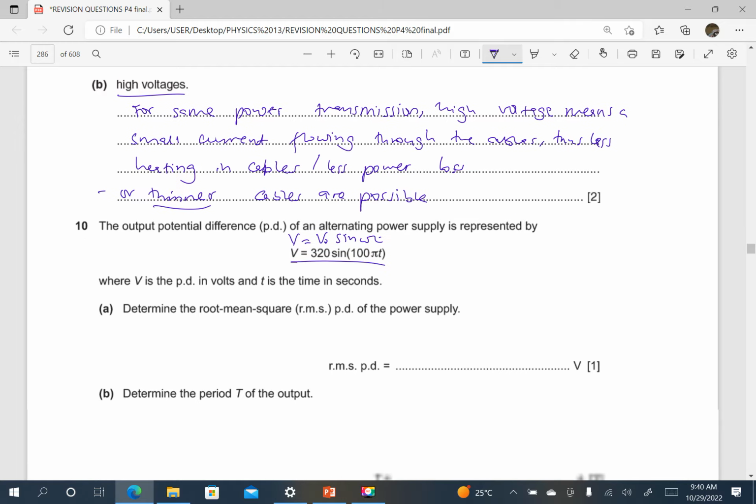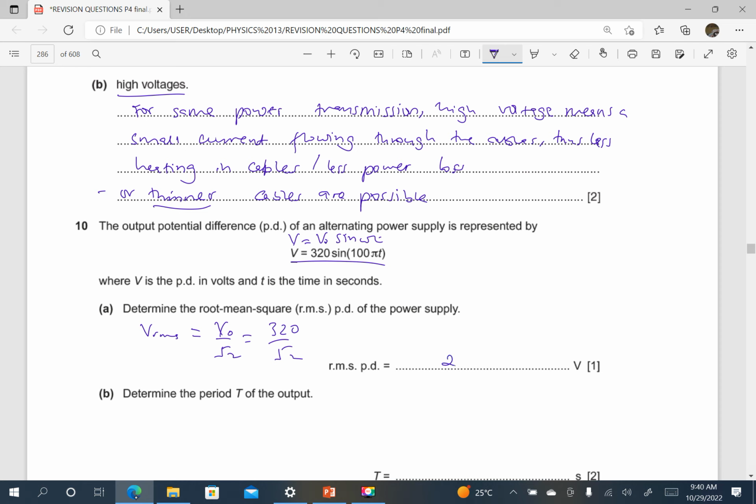Determine the root mean square PD of the power supply. So we know that V root mean square is equal to V naught over root 2, which is 320 divided by root 2. And I press my calculator here.